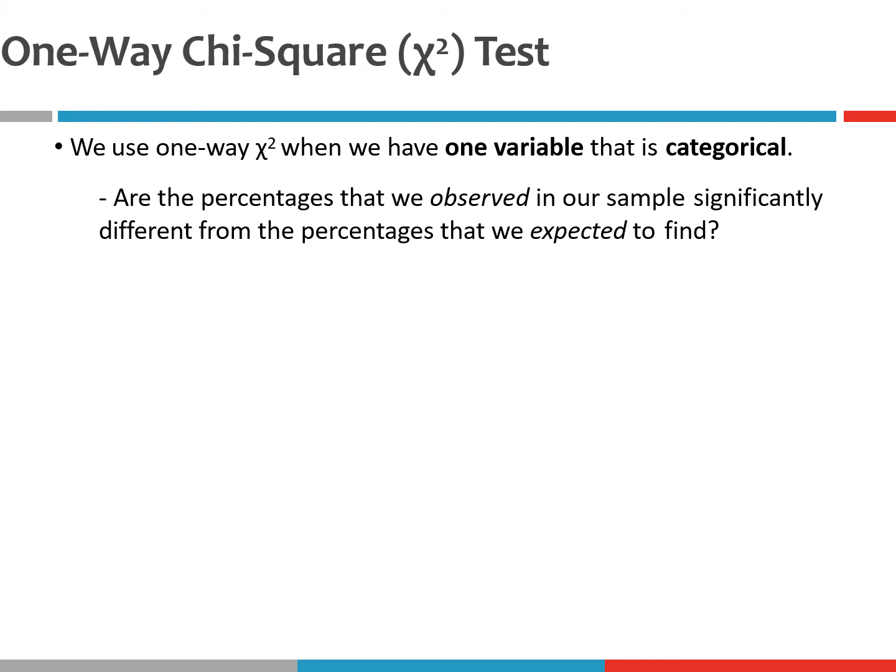Okay? So just like with the one-way t-test with continuous variables, we're comparing what we observed in our sample to what we expect to find in the population, right? So we would look at our sample data set and see what percentages we have, and we would compare those to those we would expect to find in the population.